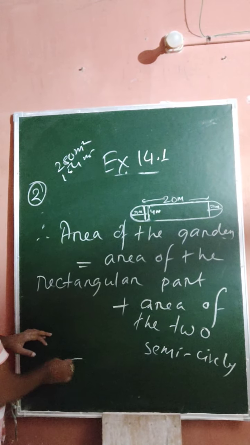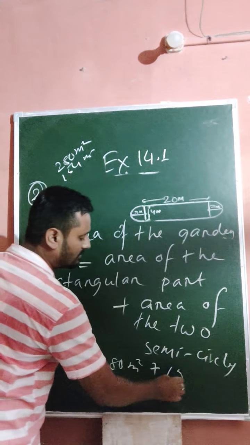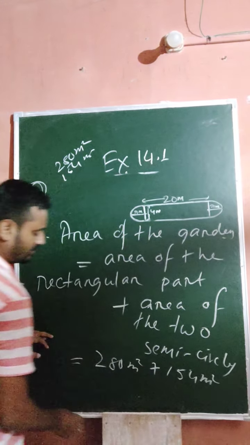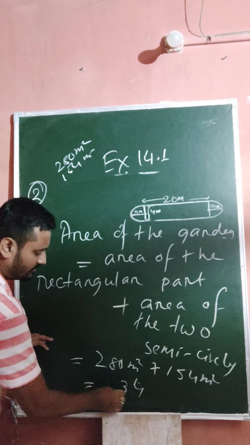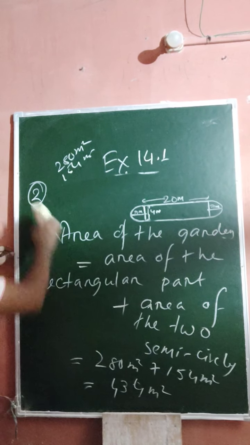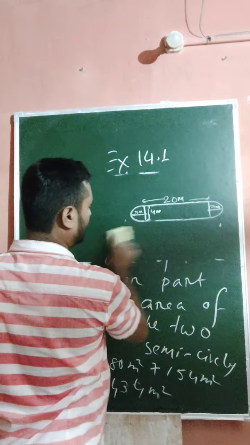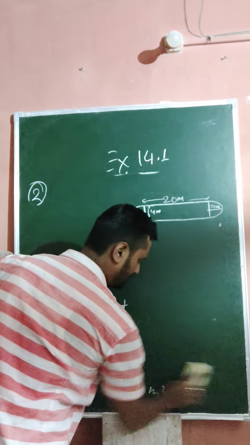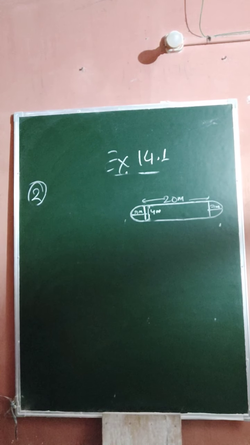That means 280 meter square plus 154 meter square. So 0 plus 4, 4, and 434 meter square. So 434 meter square is the area of the garden. This is one part of the question.